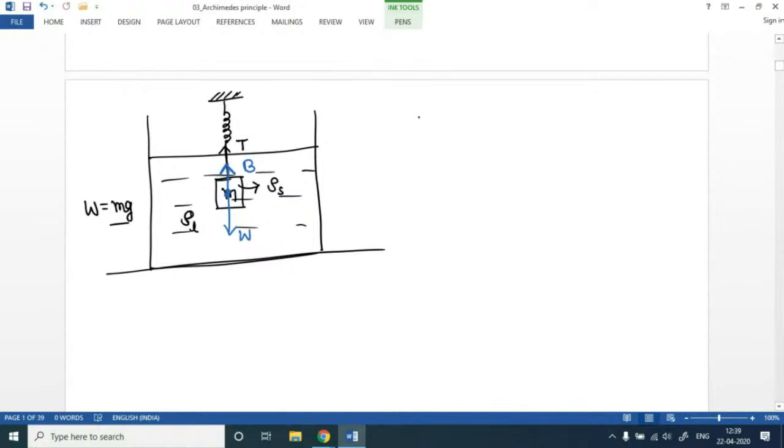Balancing forces, we can simply say that T would be nothing but W minus B, and we call T the W effective. Now, in order to find W effective in terms of W only, let's take W common, and that would be W times (1 minus B by W).